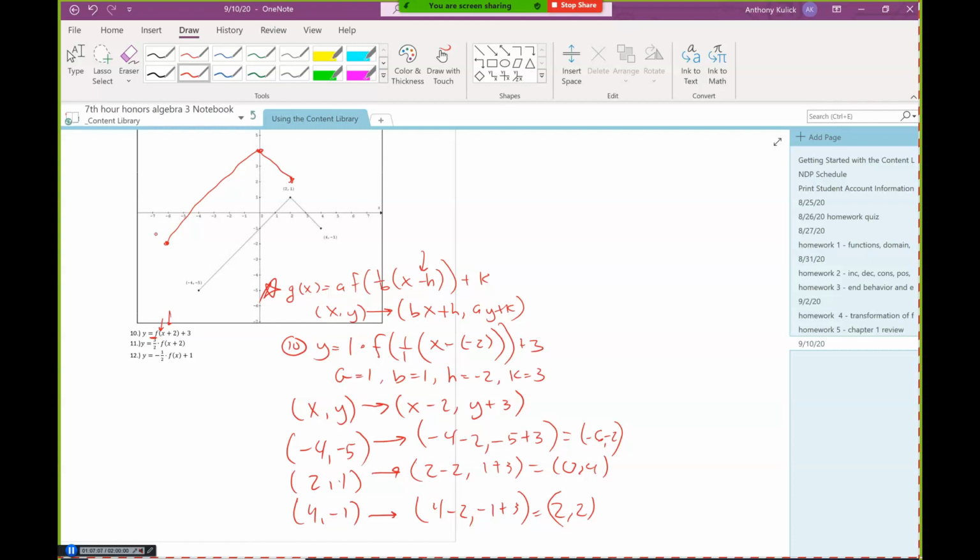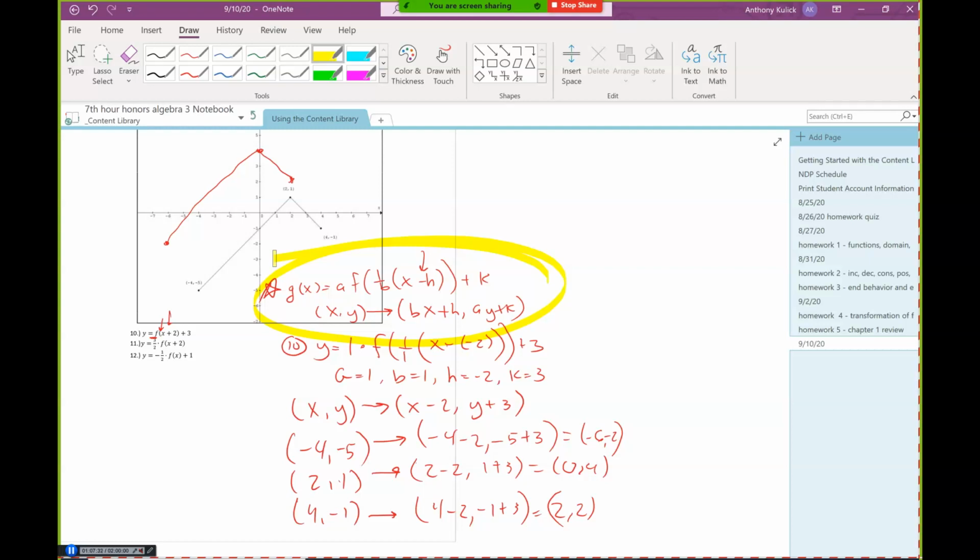The key is knowing how to use those two tools. And if you have those, it's just kind of plugging in things, right? You're pulling the values for A, B, H and K off of the equation, and then plugging those numbers into this map, and then just grinding through the points that you're given.